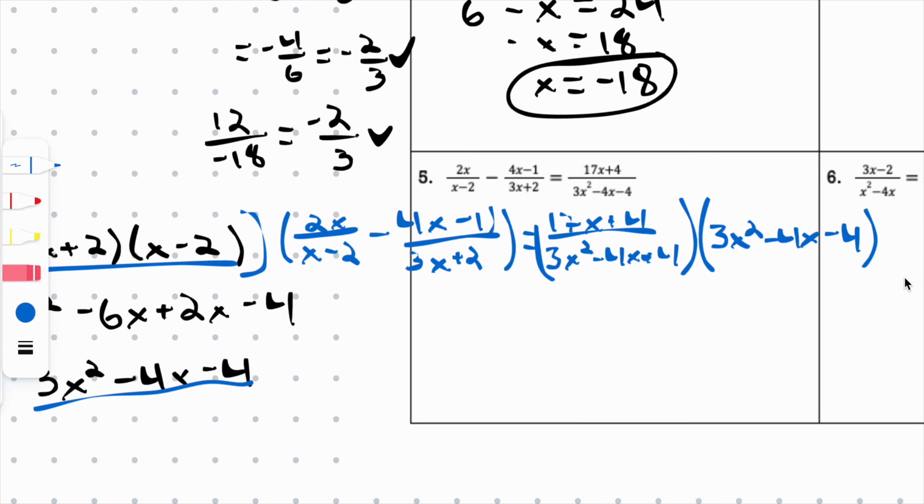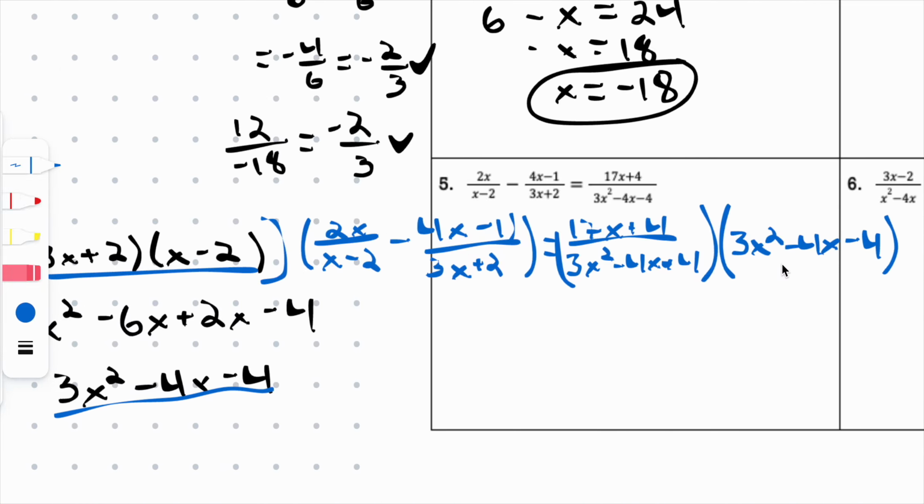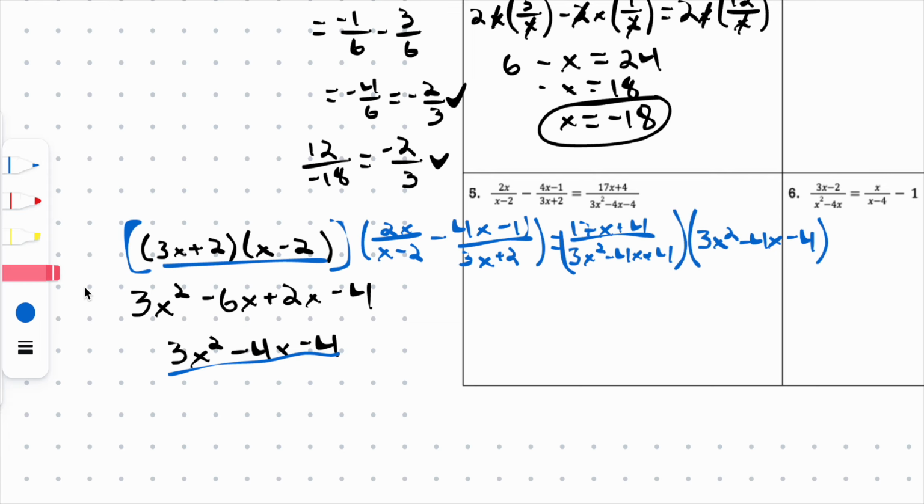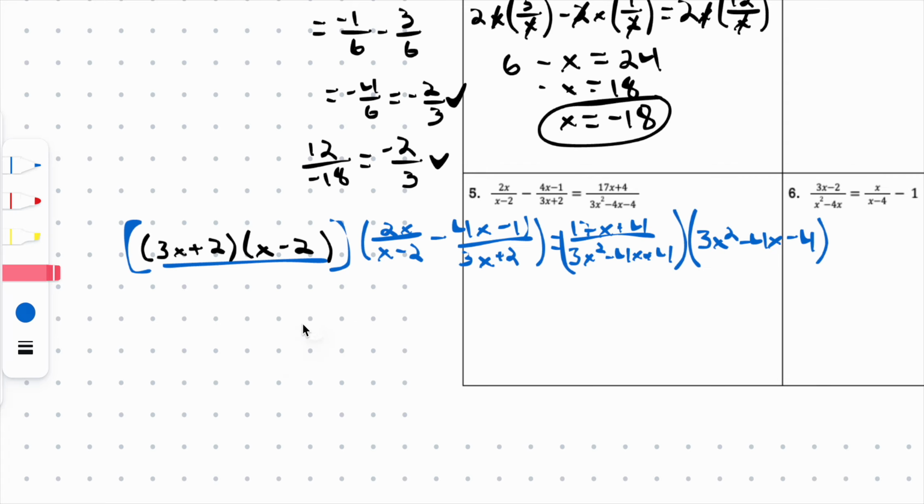Okay, and then we're going to see where we can cancel some things out. I'm just going to erase this, but you can rewind if you want to see how we got some of that.